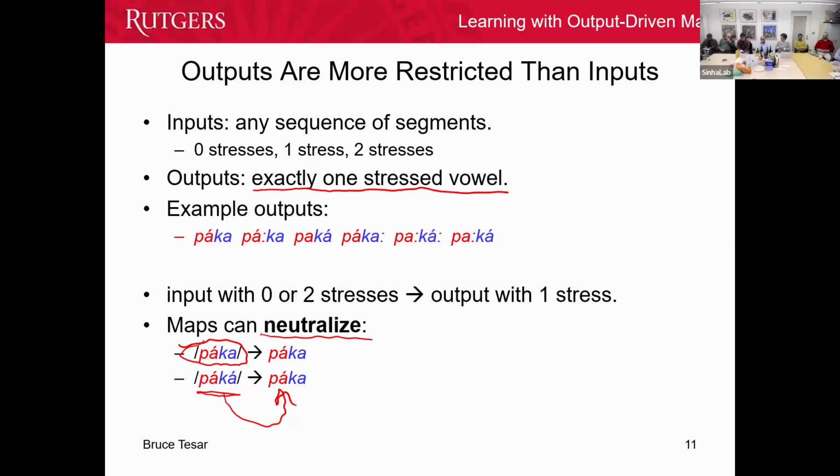In the space of outputs it has to choose from, you can have exactly one stress on the first vowel or the second vowel, and you can have length. Each vowel independently can be either long or short. So the first vowel can be long or short, the second vowel can be long or short, and then there could be stress on the first syllable or the second. So you get a total of 8 possible output forms. Right. But you're right, 16 possible inputs. Thank you.